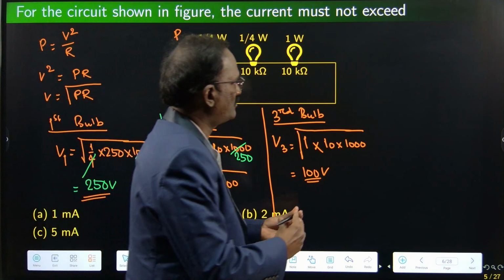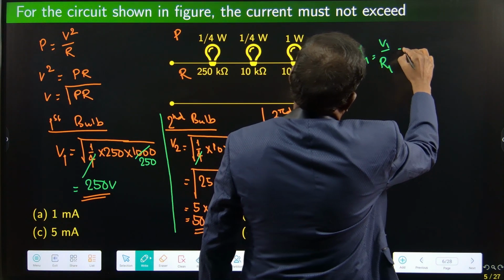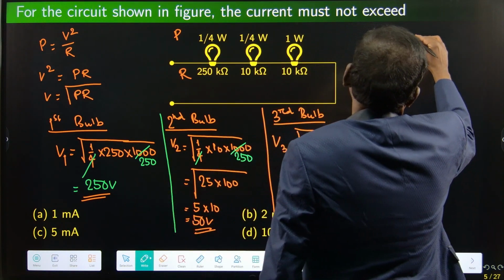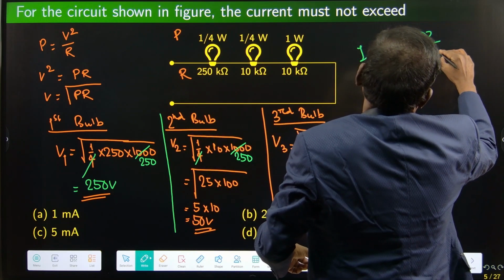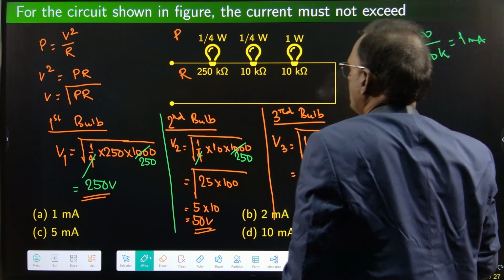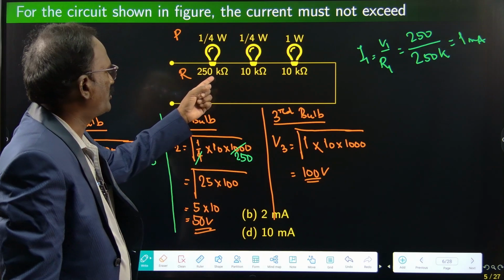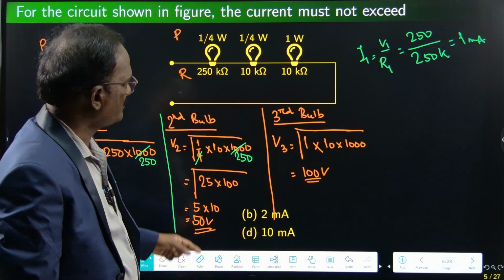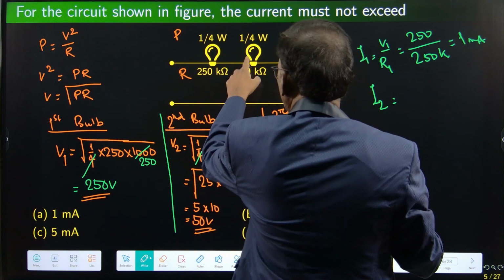Then I1 is equal to V1 by R1. V1 is 250, R1 is 250K, so the current is 1 milliampere. So that is the safest current, because the R value is more here. You can easily find I2 also. I2 is equal to V2 by R2.